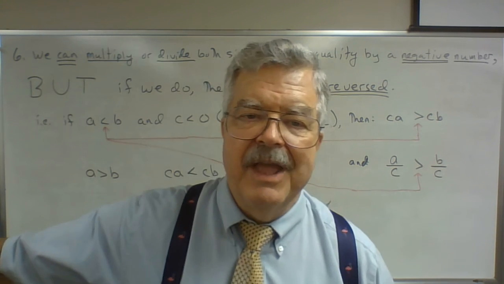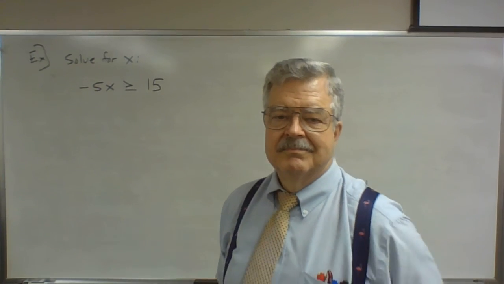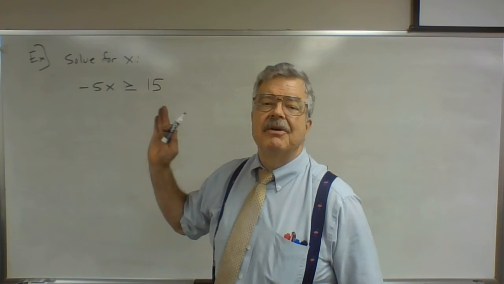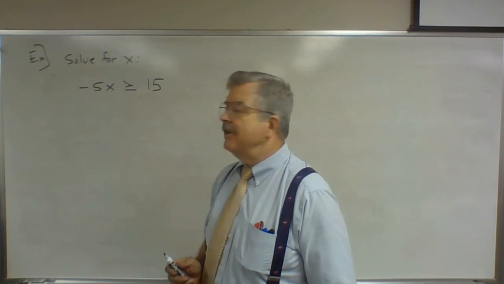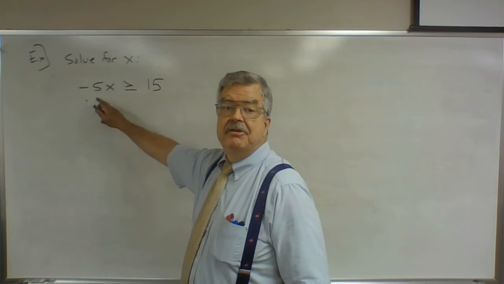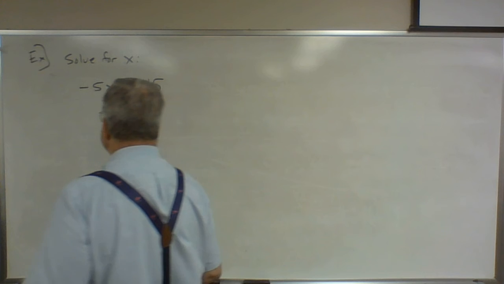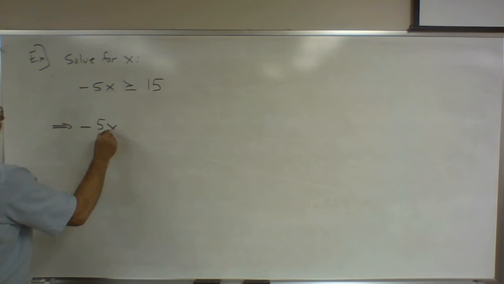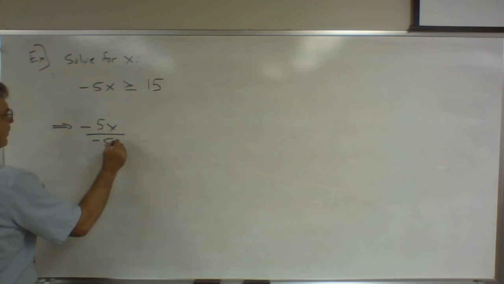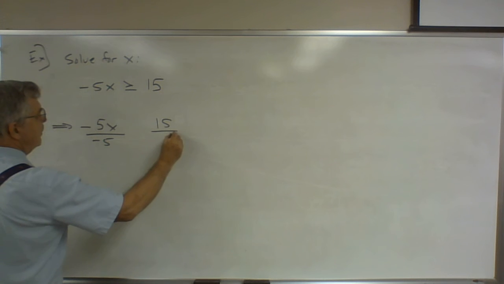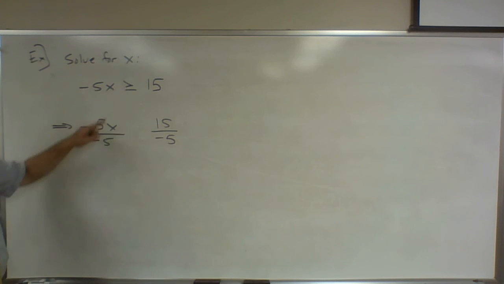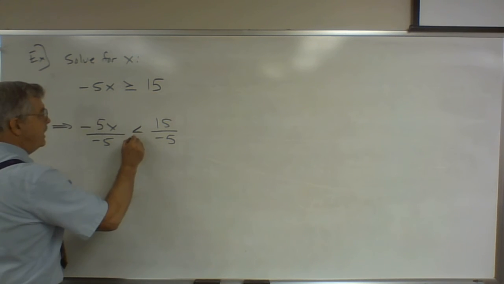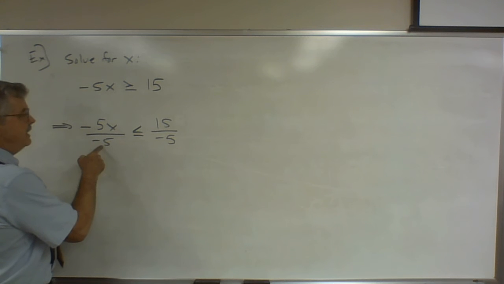Now let's look at another example or two. Solve for x. In other words, get x on one side of the inequality by itself. I'll just divide both sides by -5. But when I do, I have to take this inequality sign and turn it the other way because I divide by a negative.